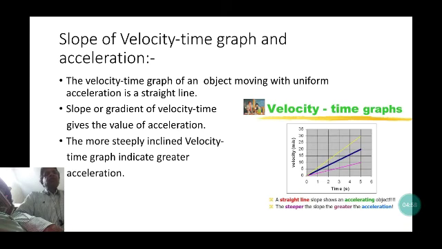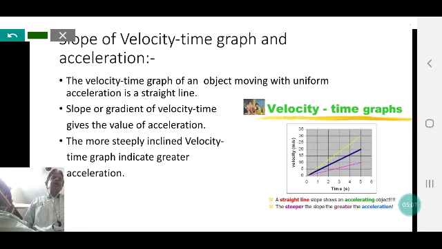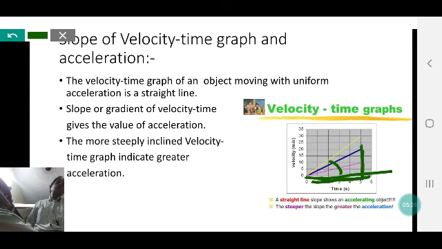The slope can be expressed in terms of tan theta, where theta is the angle made by the graph with the x-axis. If you draw a perpendicular and find the ratio of the perpendicular and the base, that gives the slope of the graph. In the distance time graph the slope is obtained like that, and in a similar way we can find the slope of the velocity time graph.